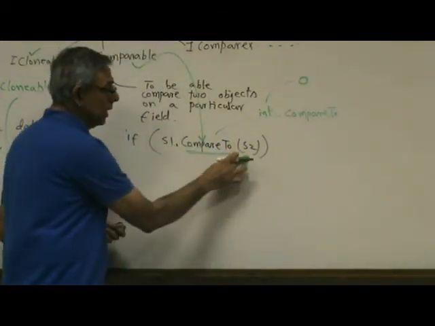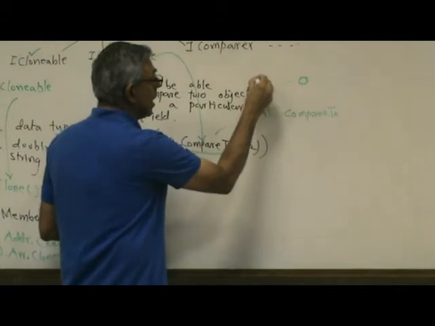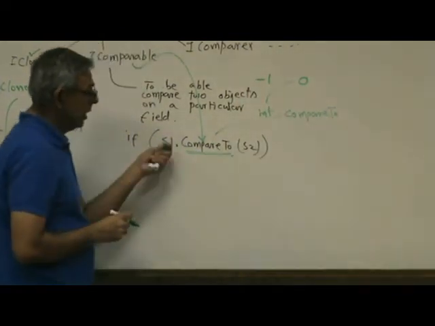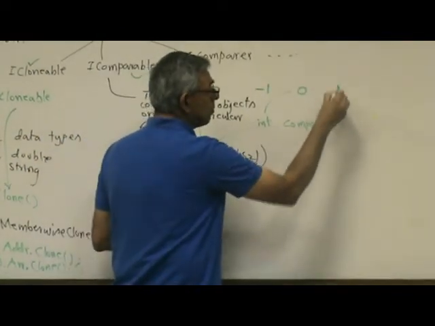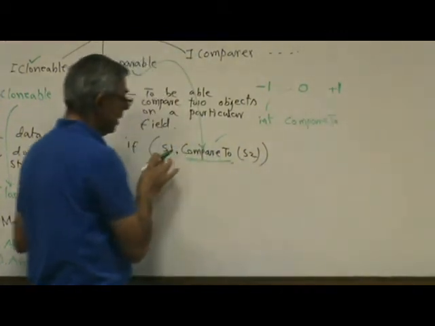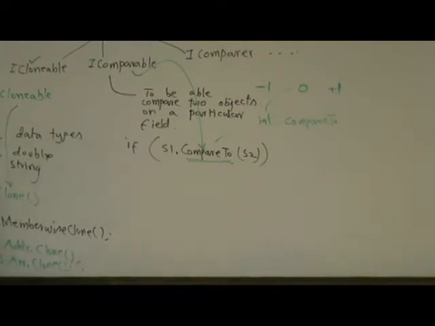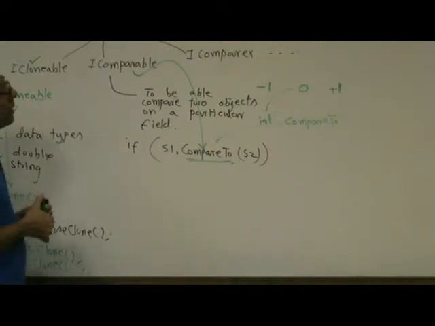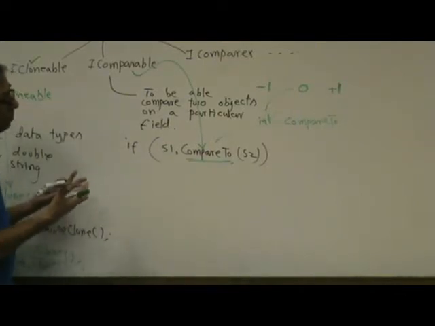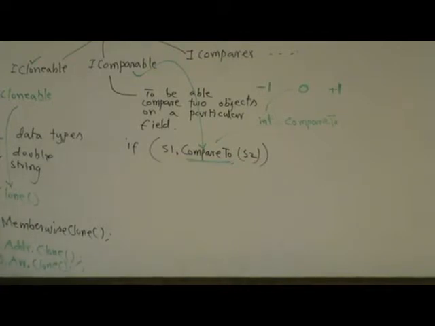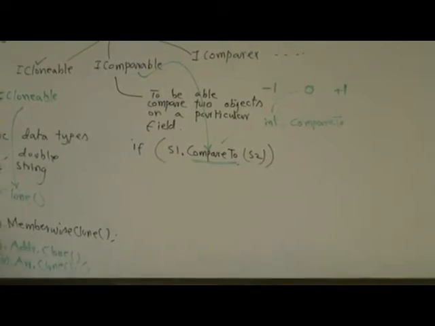S1 is equal to S2. If it is -1, what does that mean? S1 is less than S2, and +1 means S1 is greater than S2. So anytime we call CompareTo, you will get one of the three possible numbers, -1, 0, or 1, right? Okay. So now we can use it in comparing two simple things. We can use it in sorting as an example, right?